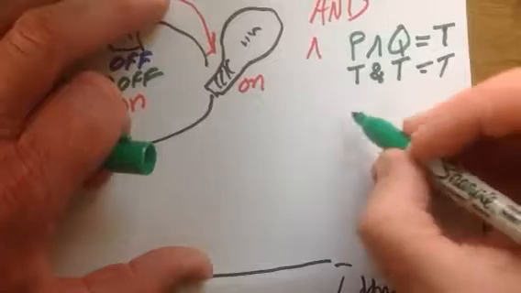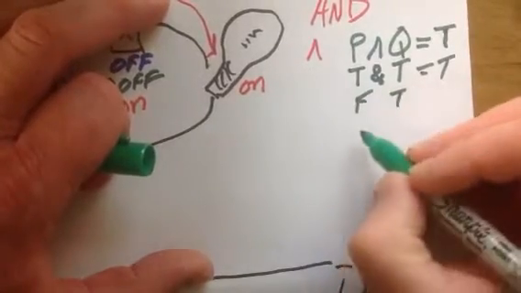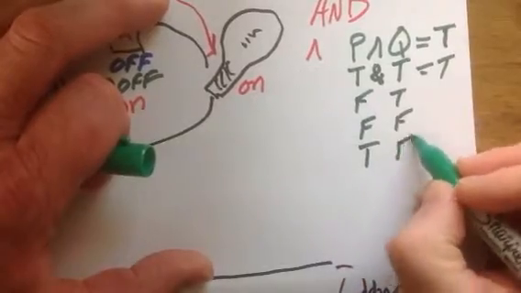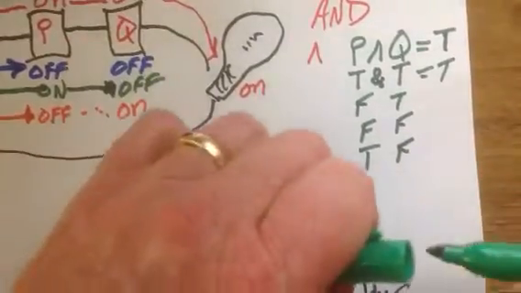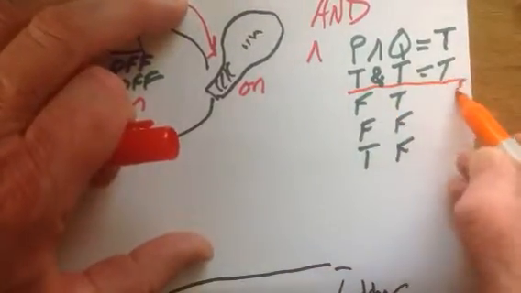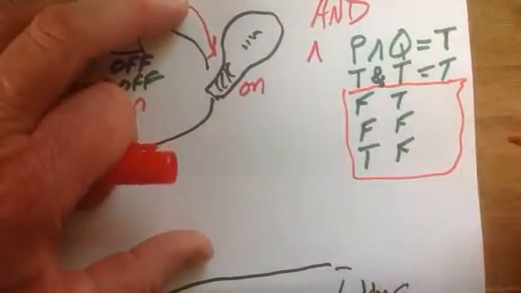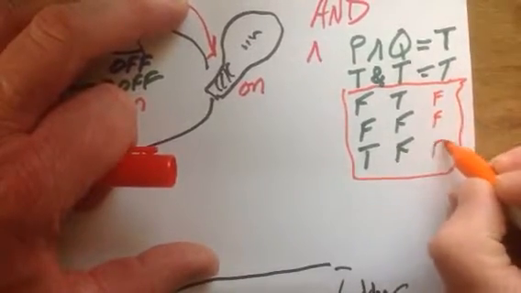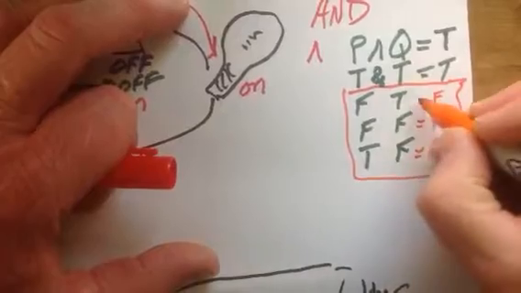All other cases, false, true, false, false, true, false, all of those cases, except for the one where they're both true, render the light being off, or false.